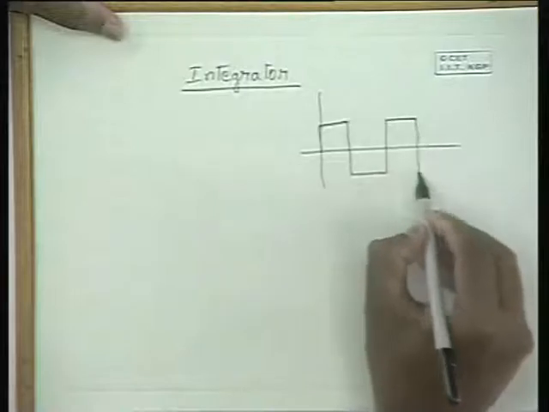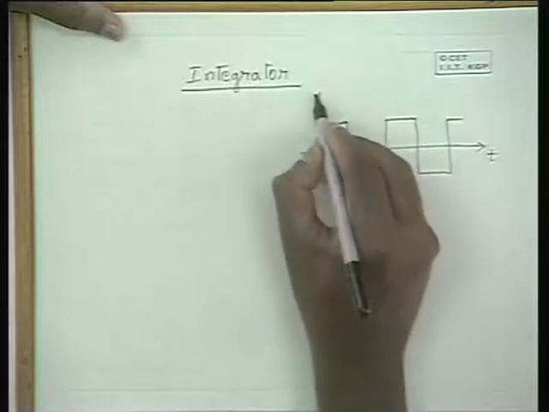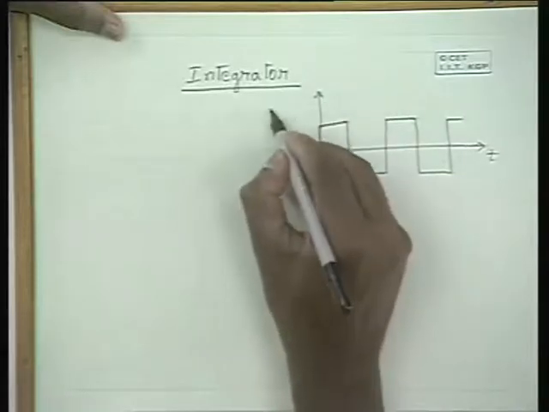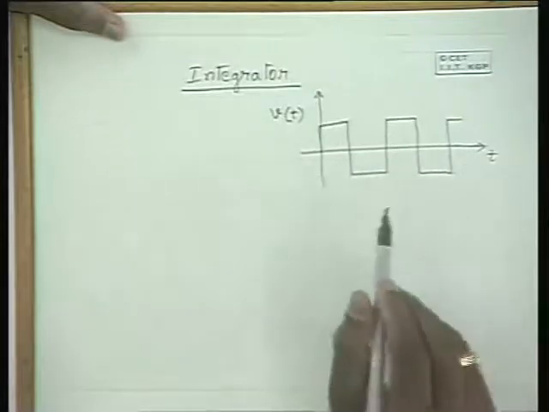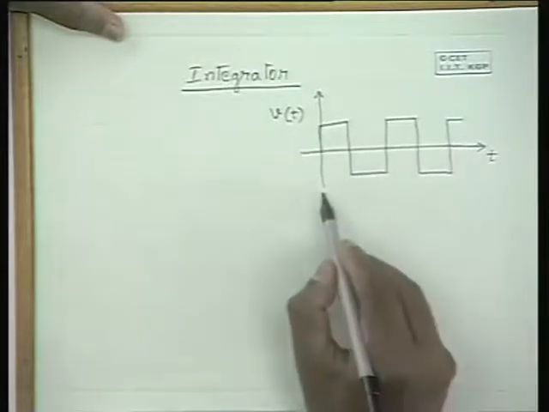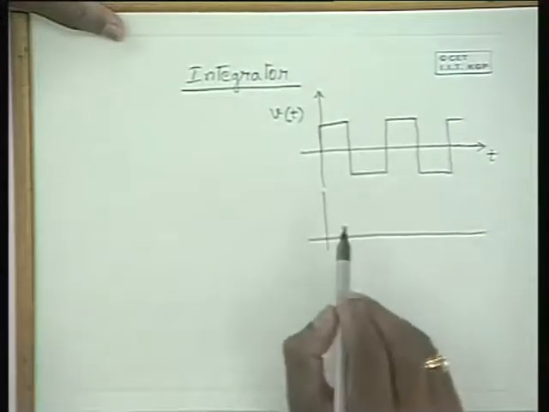Please note that signals are time functions. So signals can be of different types, and there are time functions like this as shown here. It may be a voltage or current signal, and please note that once it is a function of some variable, it can be integrated with respect to that variable.